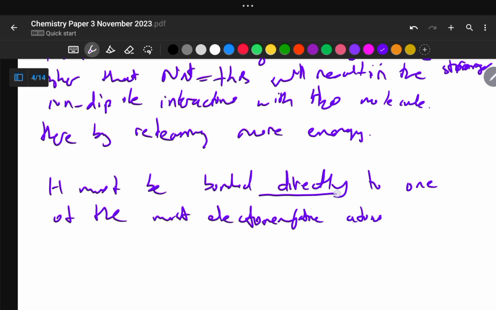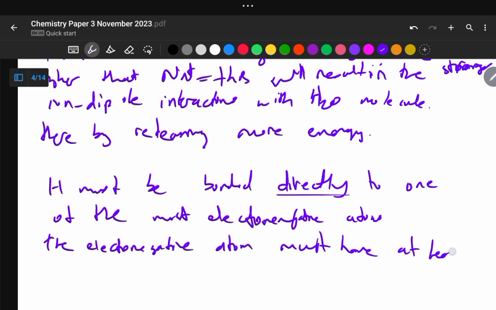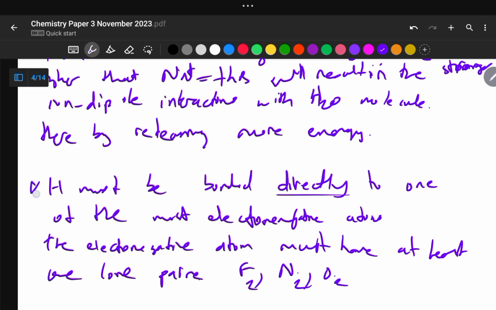Must be bonded directly, and then the electronegative atom must have at least one lone pair of electrons. So examples for these atoms are fluorine, nitrogen, and oxygen, right? So these are the electronegative atoms, right?